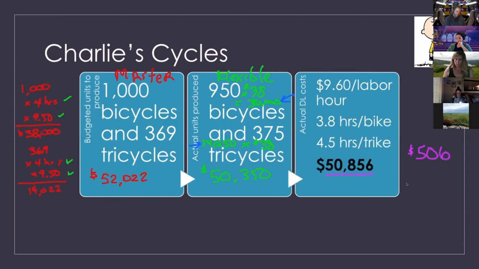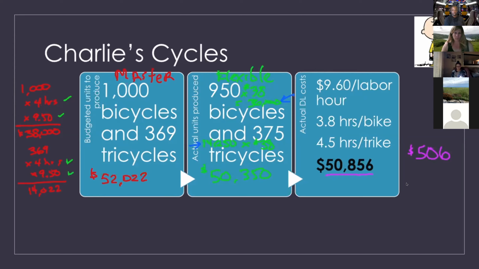Is that favorable or unfavorable? It's favorable. You spent less than what you're spending less than the master budget, so that would be favorable.